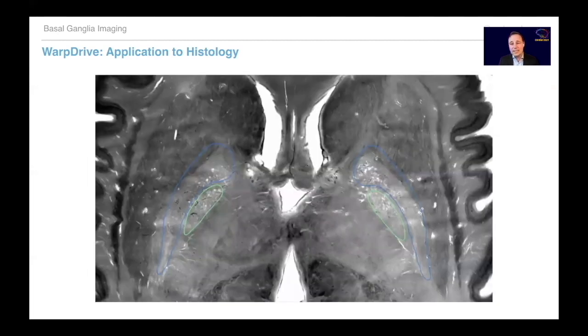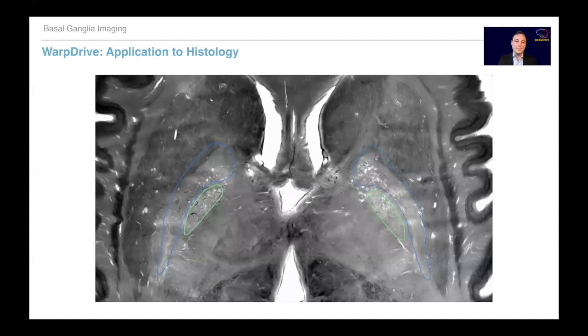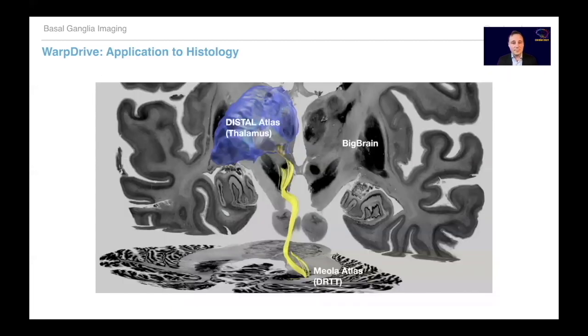You can see that this is an MNI atlas, and this is the histological section. So we draw a line, and then the warp field nudges it to the atlas. By doing that, we can create these playgrounds of high resolution resources that can be precisely matched to our patients' brains. And then we can use these in vivo, but also ex vivo atlas resources together to study the patients.